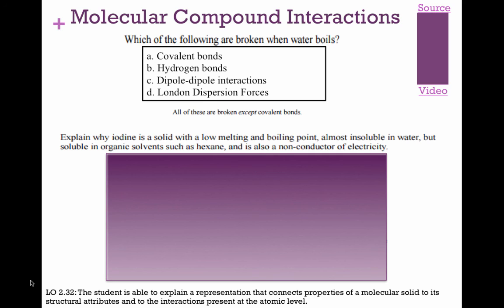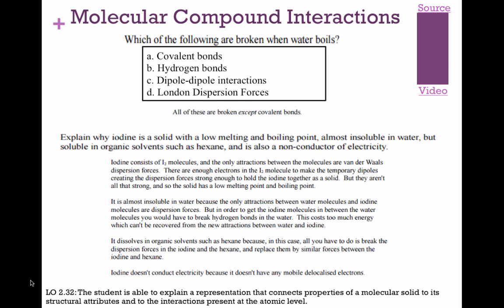Explain why iodine is a solid with a low melting and boiling point, almost insoluble in water, but soluble in organic solvents. Organic solvents typically are made of what? C and H, and maybe O. Normally C and H. What intermolecular force exists between C and H? Dispersion. Right? And iodine is also a non-conductor of electricity. So just to save a little time.